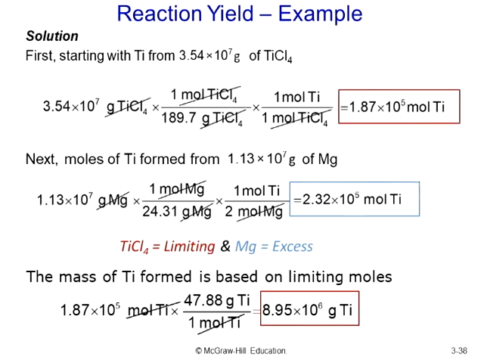And we get the 1 over 2 from the balanced equation, as we did getting the 1 over 1 when we use titanium tetrachloride from the balanced equation. So we get these two values. And what we observe is that the 1.87 times 10 to the 5 moles of titanium is the limiting value.